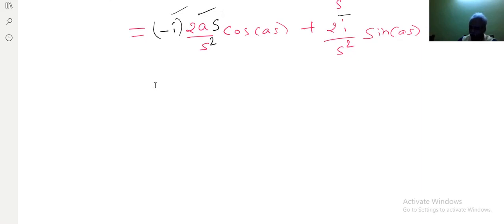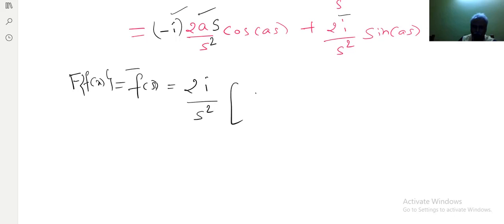So what it looks like finally, Fourier transform of the given function, or this is f bar of s, is nothing but 2i upon s square common.